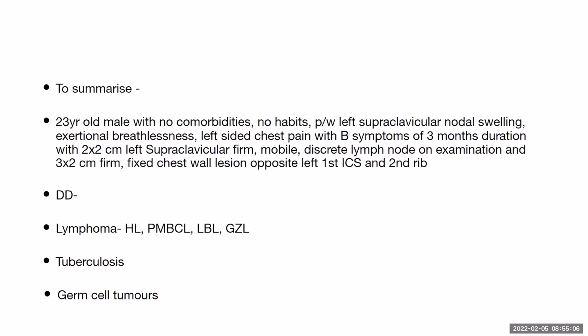Differentials after examination will be lymphoma, in highest likelihood PMBCL, gray zone lymphoma, followed by Hodgkin's lymphoma and LBL. Second differential will be germ cell tumors, less likely, and tuberculosis, less likely.